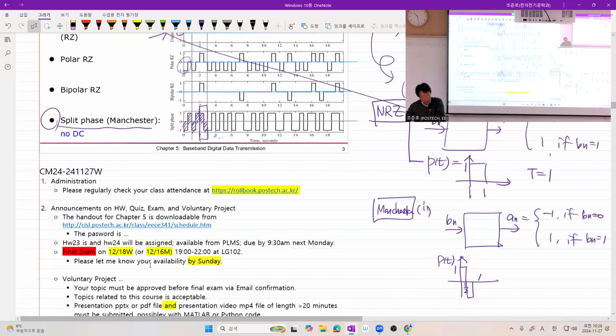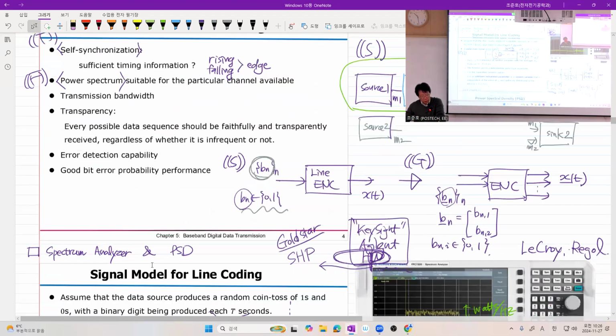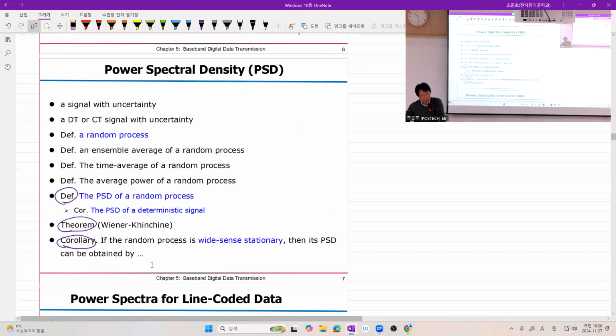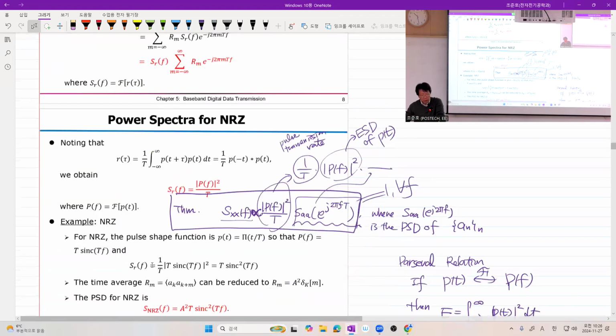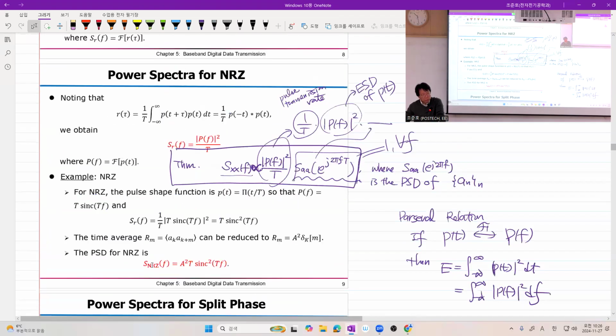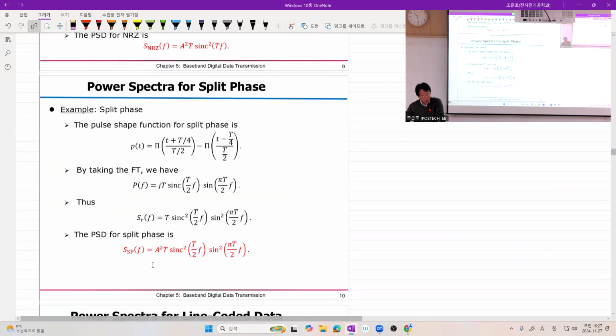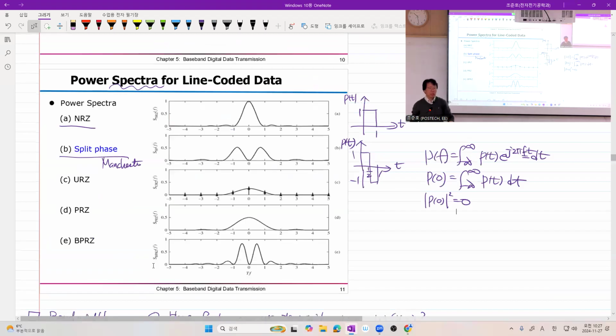Got it? Anyway, I believe you now have some idea about power spectral density, and different pulse shapes used in line encoders may result in different power spectrum. And for other line encoding schemes, I think it's beyond the scope of this course.